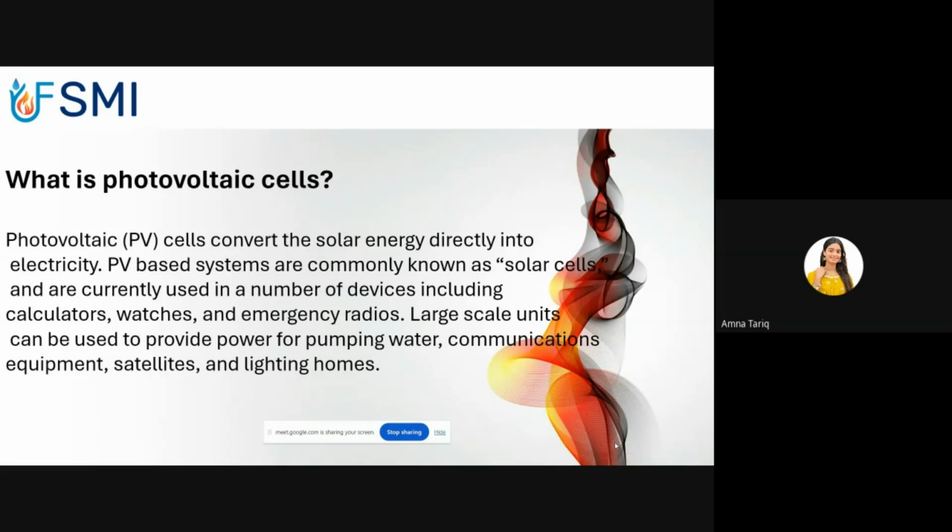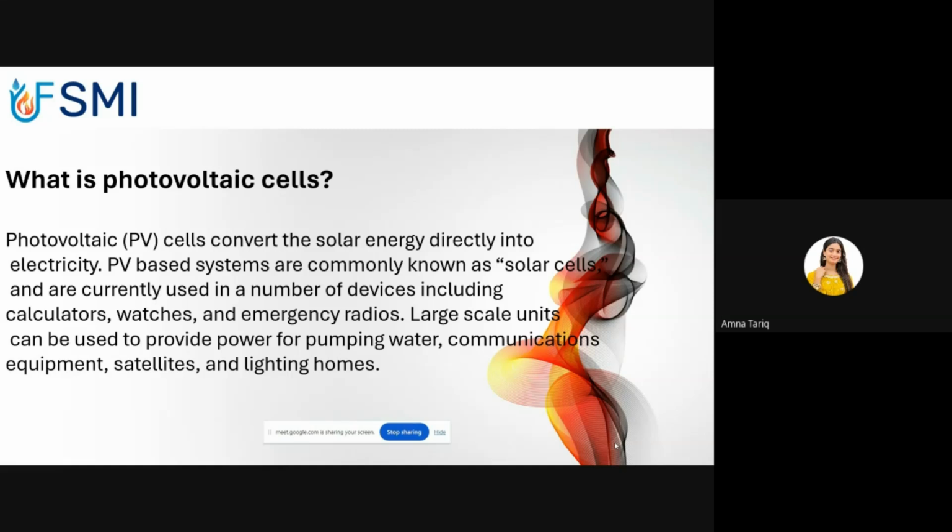Now let's see what a photovoltaic cell is, because it plays a very important role in the solar energy system. A photovoltaic cell converts solar energy directly into electricity. PV-based systems are commonly known as solar cells and are currently used in a number of devices, including calculators, watches, and emergency radios.